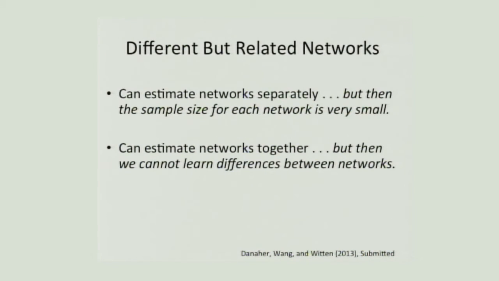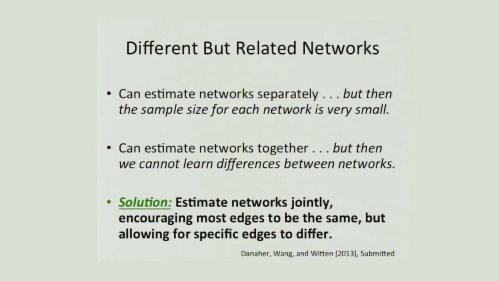I can just throw all of my 200 tissue samples into the software, and I can just get one network estimate. But then I'm really missing the boat, because my whole goal is to understand how the tumor network differs from the normal network, and I just can't do that if I estimate one network for the two together. So what we're going to do is estimate the networks jointly, encouraging most edges to be the same, but allowing for specific edges to differ.